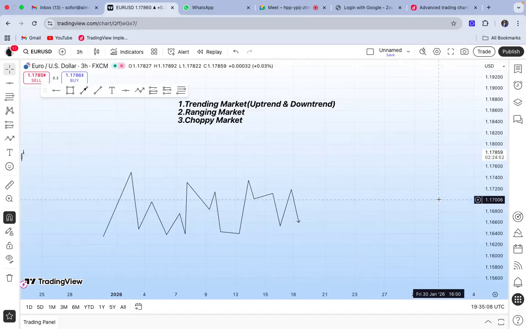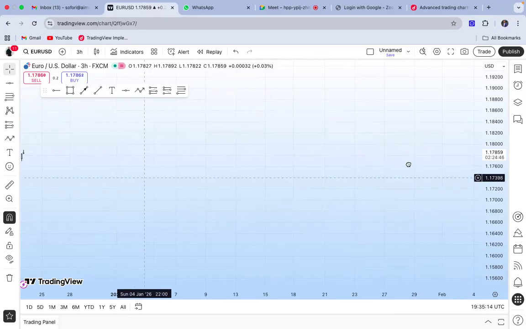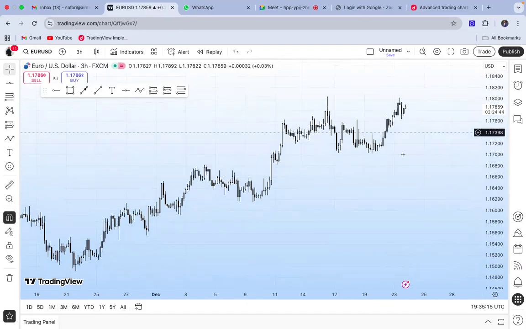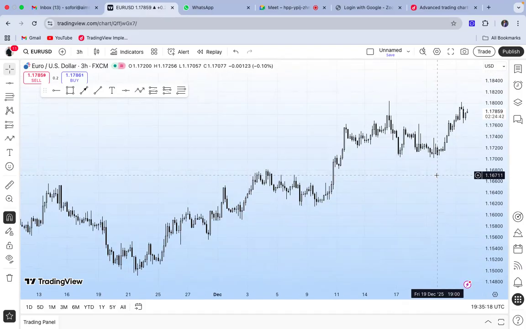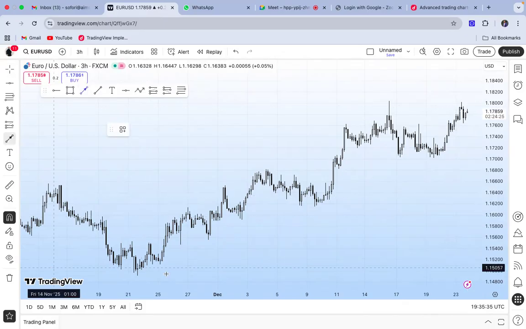Okay. So before we go, I want to show you how it appears on the chart. So what I have on the screen now, I'm not going to quiz you. I'm going to tell you the trend. When I look at this, I should be able to tell the trend of this market. And because I have done this for a long time, I know that this is an uptrend. Why? Because when I observe where the market started from, it started from here.